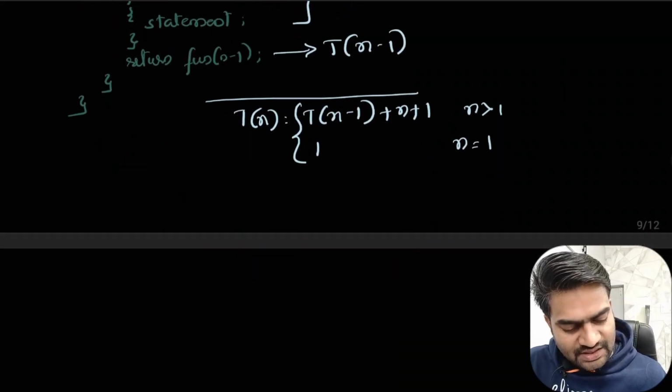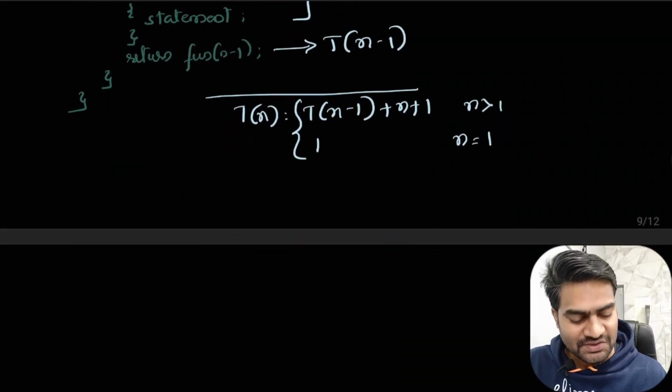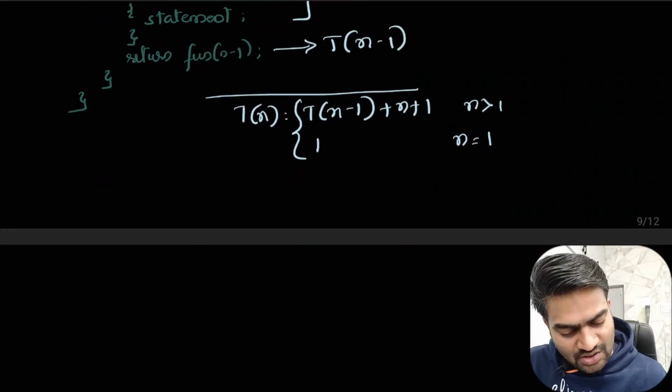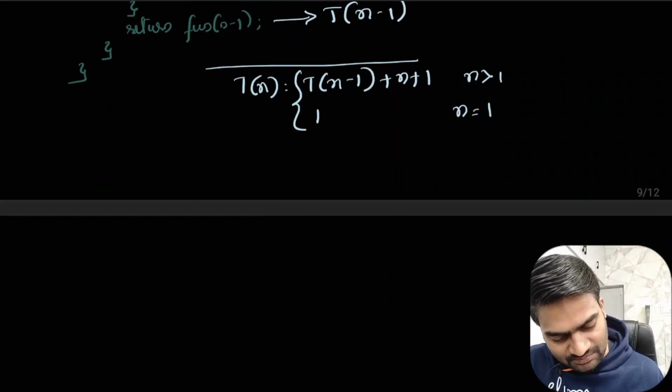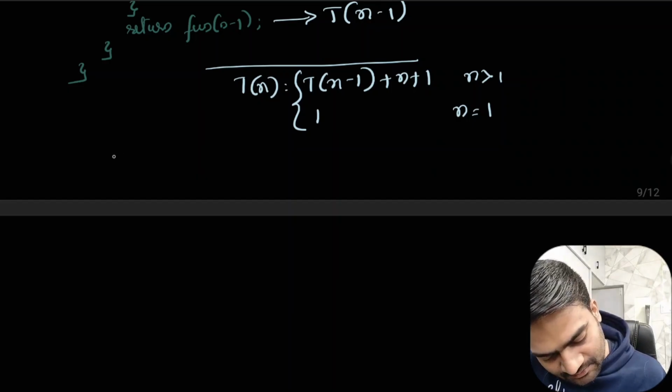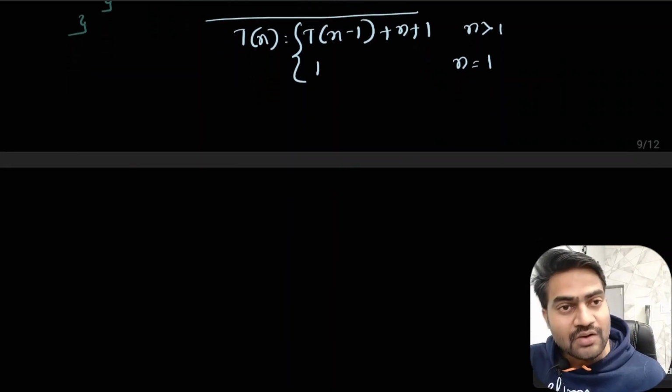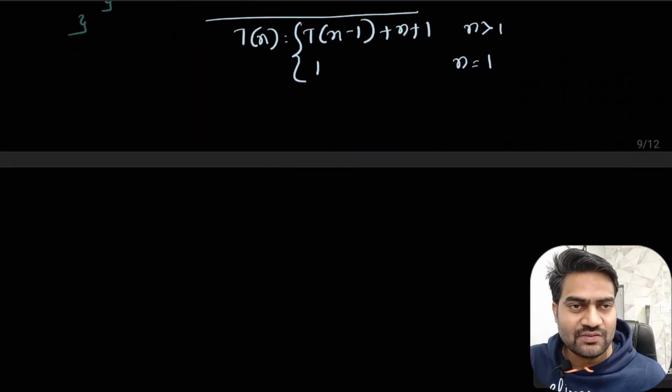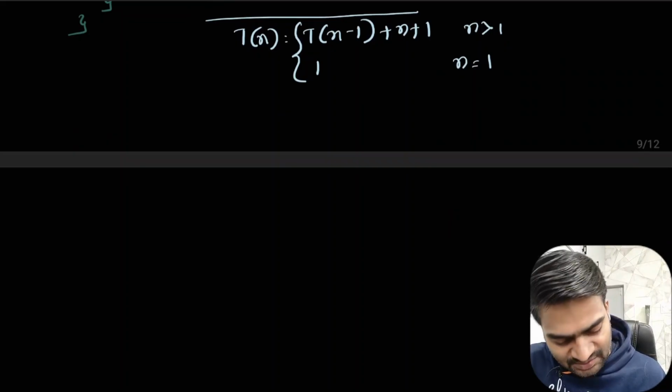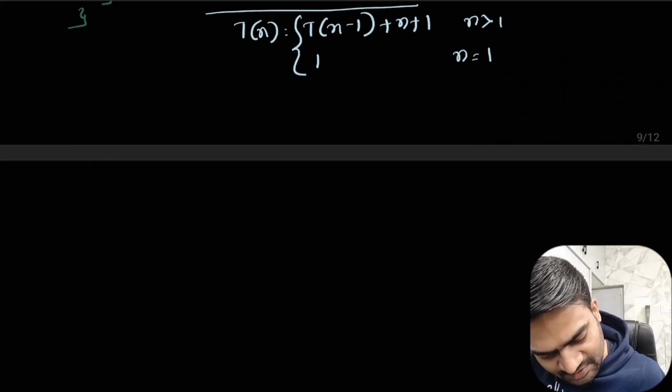So this is our time function for this particular algorithm. Now using this, we will try to come up with the order of this algorithm. We will do that using both methods, one using back substitution and another using the recursive tree method. First we will start with the back substitution.